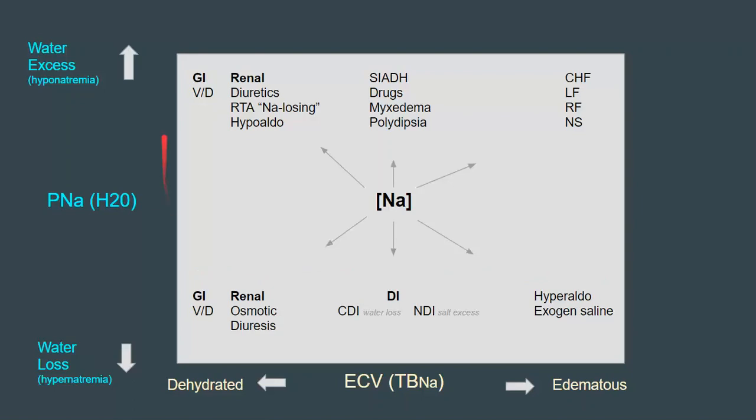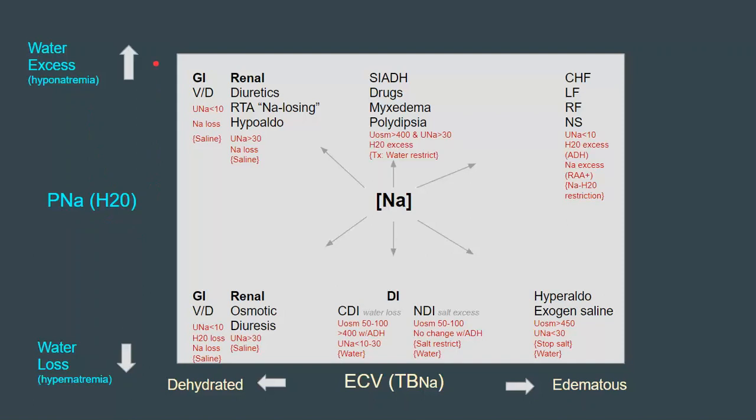Now, going up and down, this is water, the other variable, and this is measured again by the plasma sodium. This is the water excess. It's like a cup of water. If the water is high, we would have an excess of free water, and that would be hyponatremia. Down here below, if we have a deficiency of water or a water loss, that would be manifested from the lab as hypernatremia.